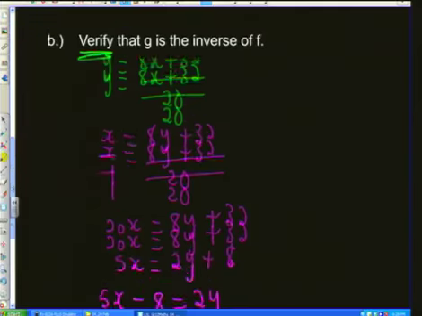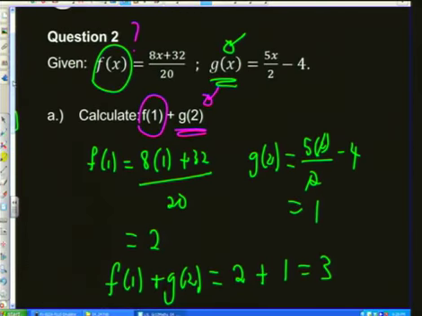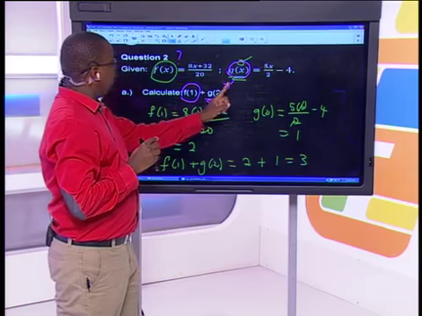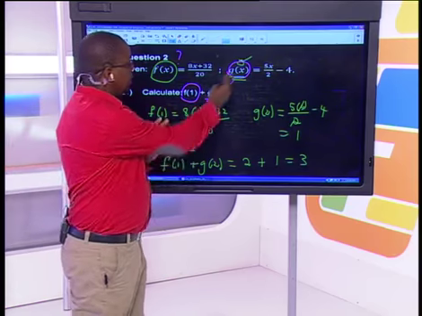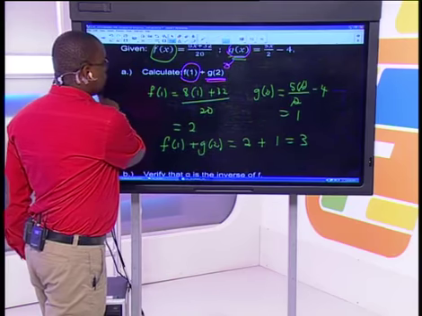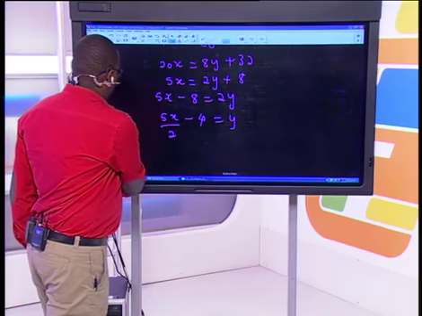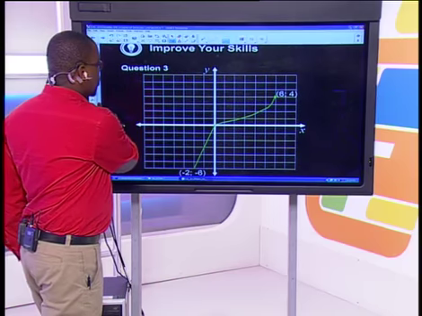Now, we go up to that function. Very nice. So g of x equals 5x divided by 2 minus 4 is actually the inverse of your f of x, because your left-hand side is the same as your right-hand side, which in this case is g of x. Now, I hope that helps. We move on to the next question.